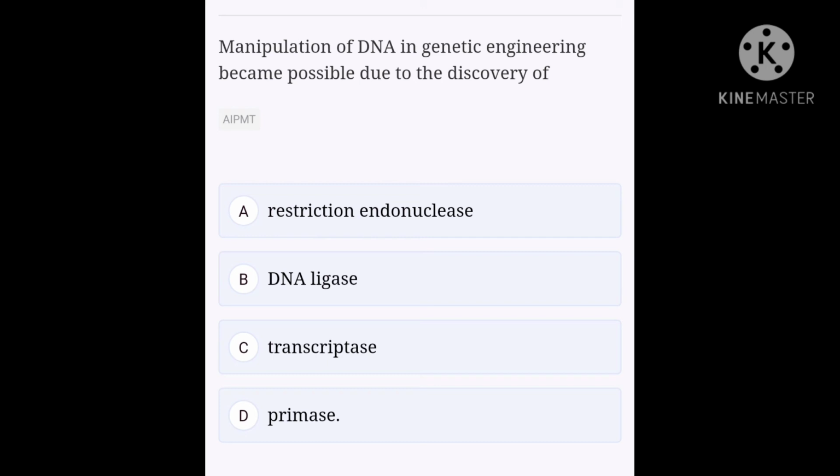Others make clean cuts in both strands at the same place and thus generate blunt ends. Digesting DNA with a restriction enzyme therefore creates a characteristic set of fragments which can be isolated by electrophoresis and subsequently analyzed. I think this is a long elaboration on restriction endonuclease. It's okay, just wanted you guys to have a clear idea about it. And the correct answer is A, restriction endonuclease.